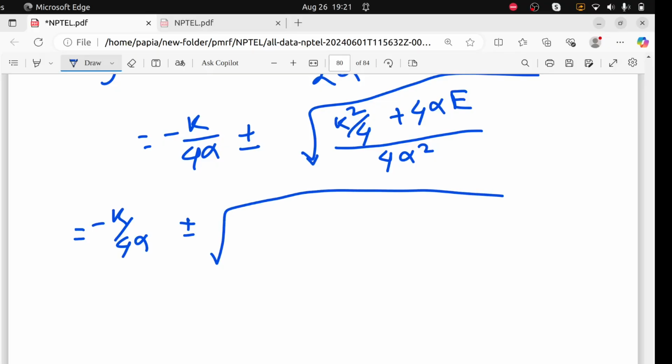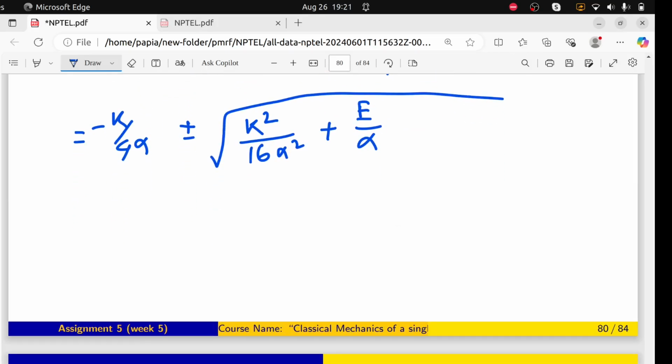Okay. So if I calculate this one, then k square by 16 alpha square plus, the 4 cancels out, E by alpha. Okay. Now this is the solution for y.